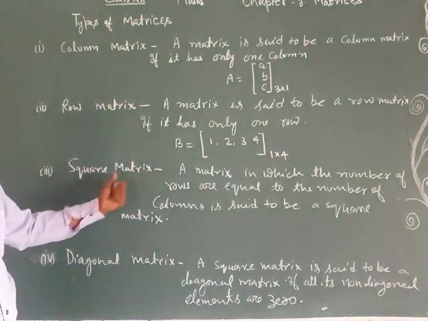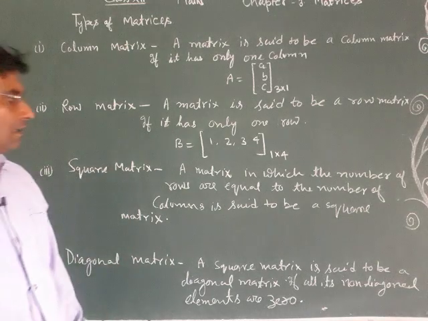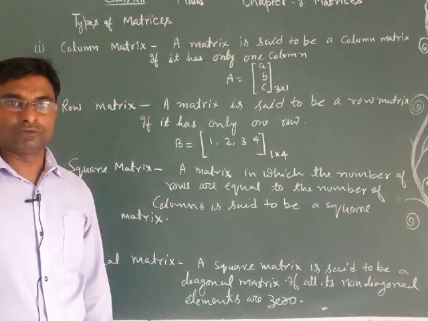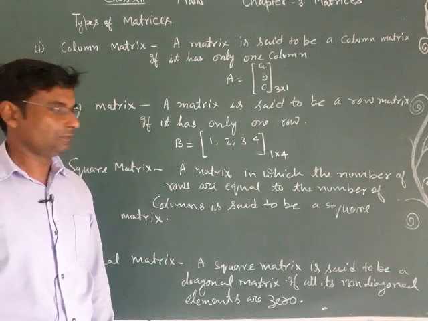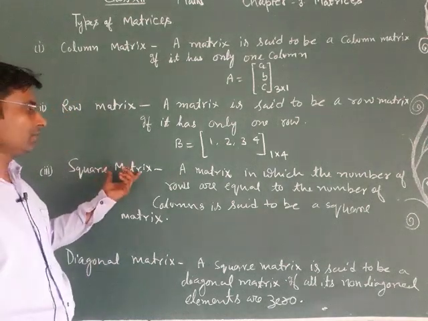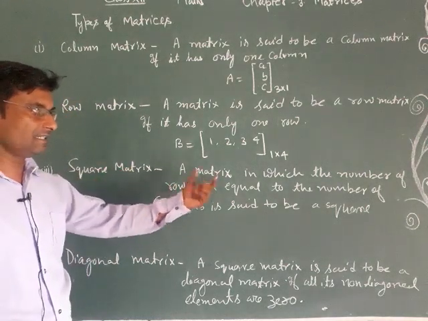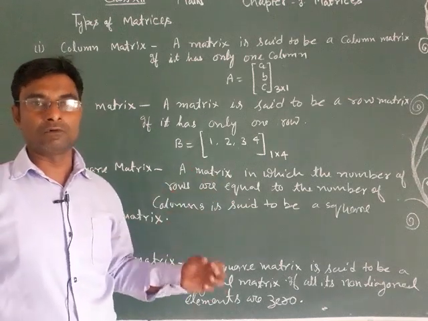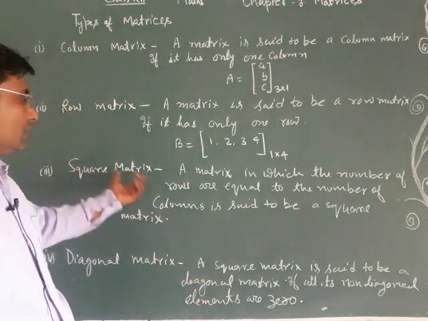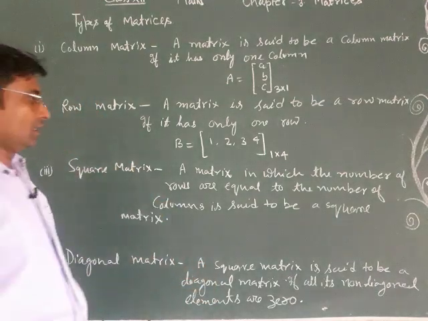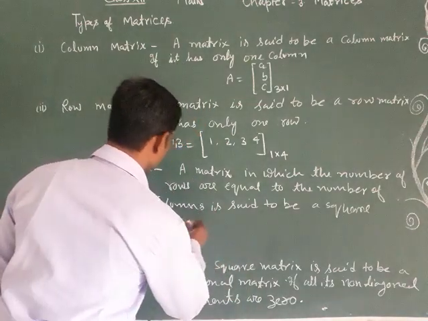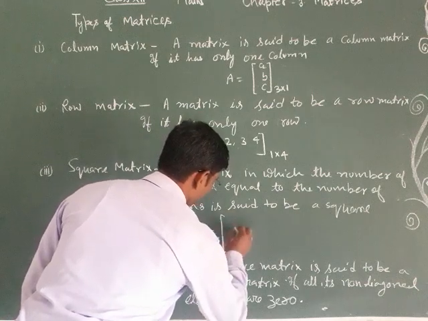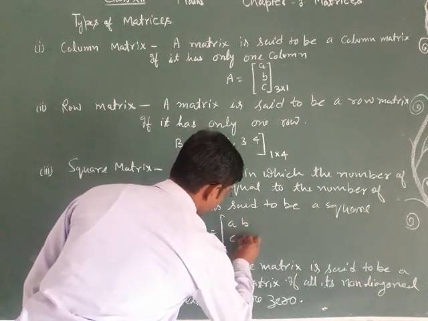Third, square matrix. A matrix in which the number of rows is equal to the number of columns is called a square matrix. For example, suppose a matrix has elements a, b, c, d.